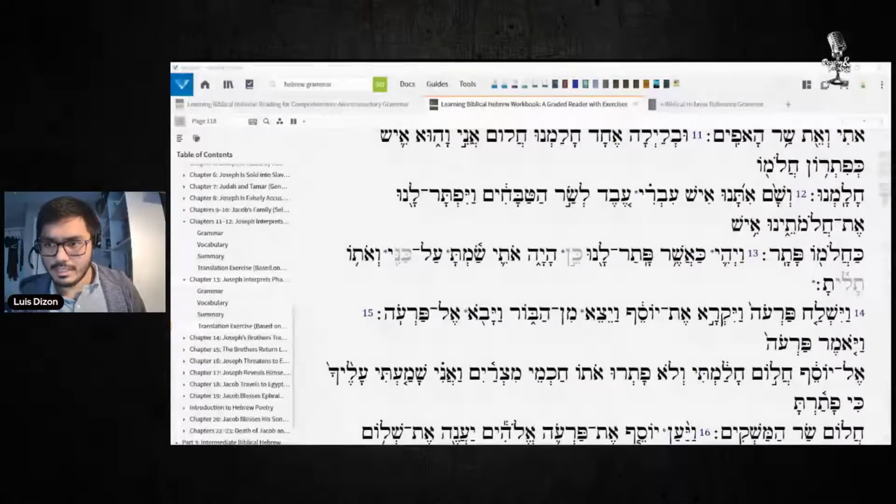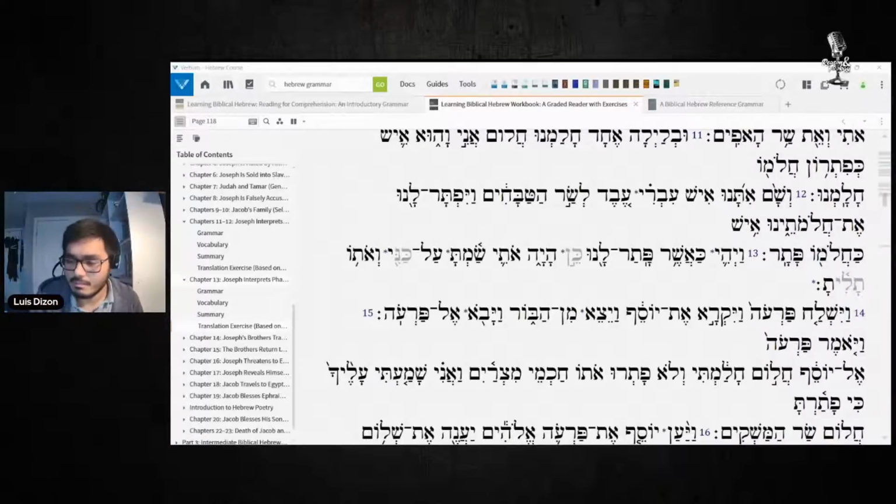So the verbs would be vesam, vayiptar, and then patar. So vesam comes from sim.